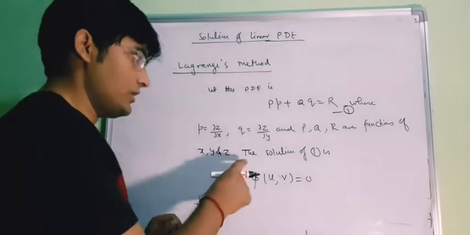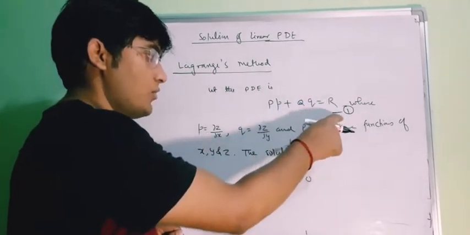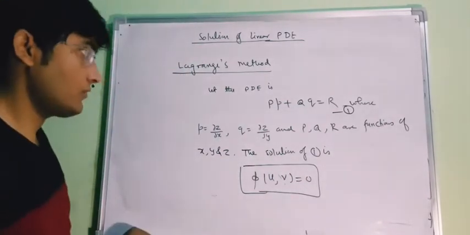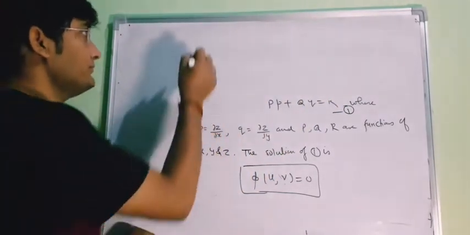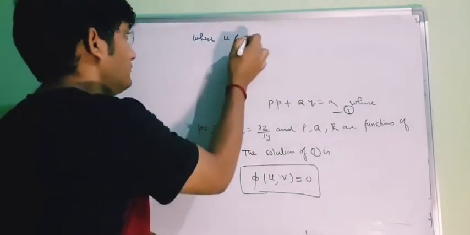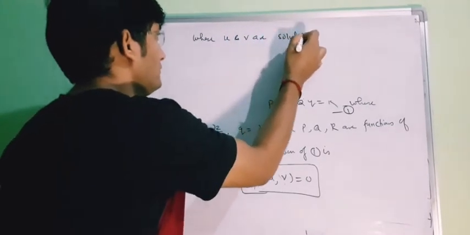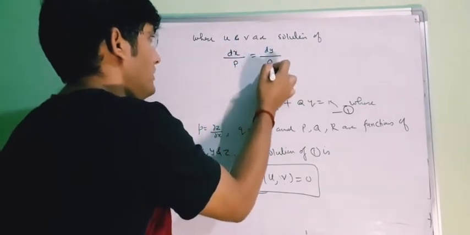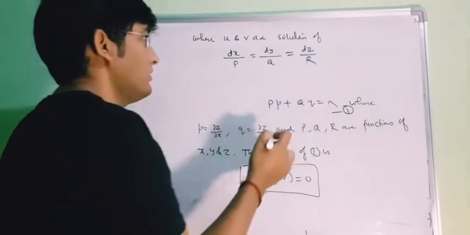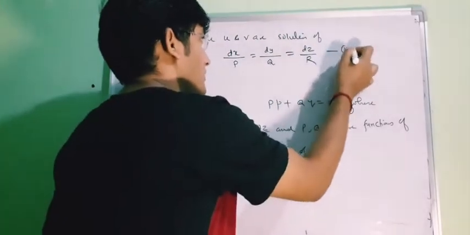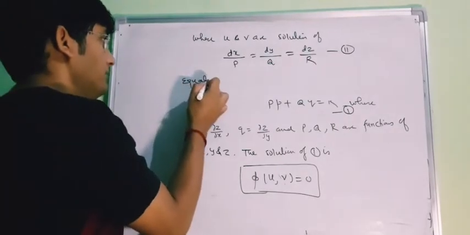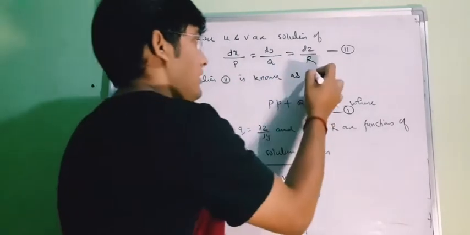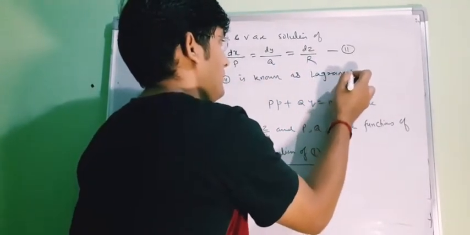So here, if the partial differential equation is of the form 1, then our solution is this one, phi(u, v) equal to 0, where u and v are solutions of this auxiliary equation, dx upon P, dy upon Q, dz upon R. This auxiliary equation, equation number 2, is known as your Lagrange auxiliary equation.